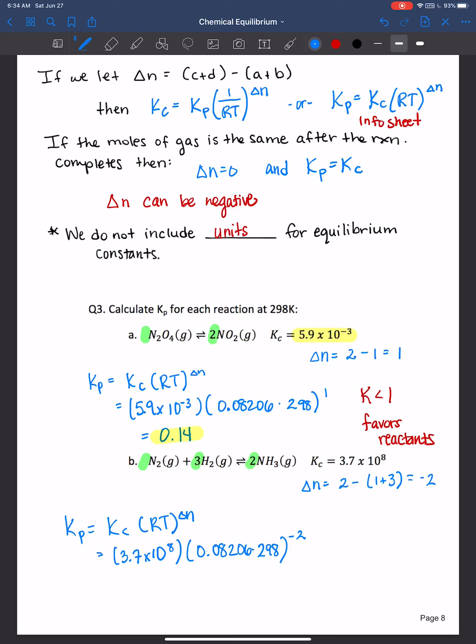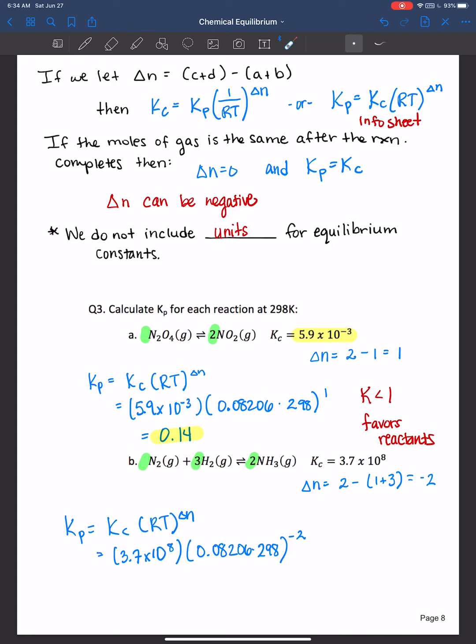A lot of times, especially if you have a scientific calculator, if you don't put the parentheses where you should, you could get some weird answer. So the first thing you want to do is plug this term in first. I multiply this together and then I raise it to the -2. And then I take that answer and multiply it by the Kc.